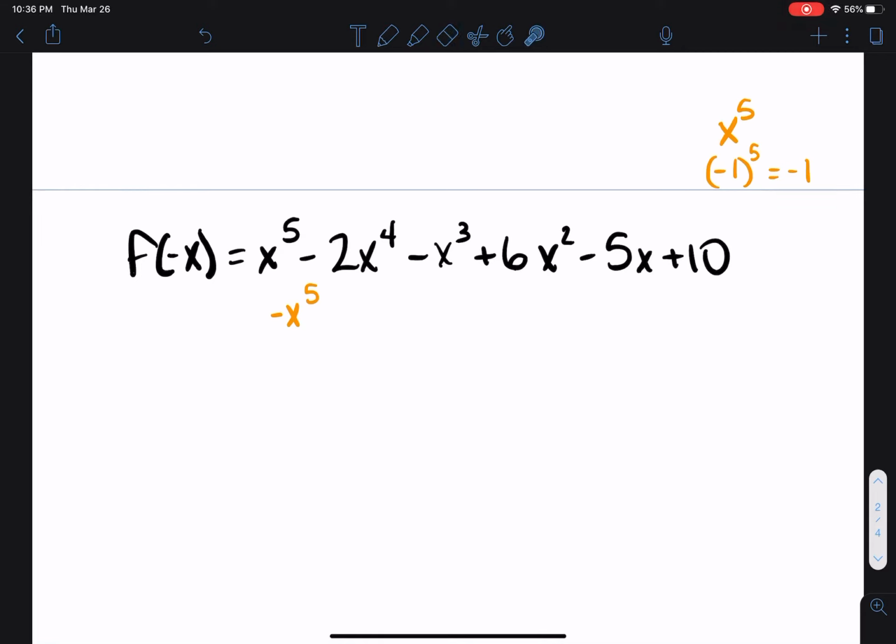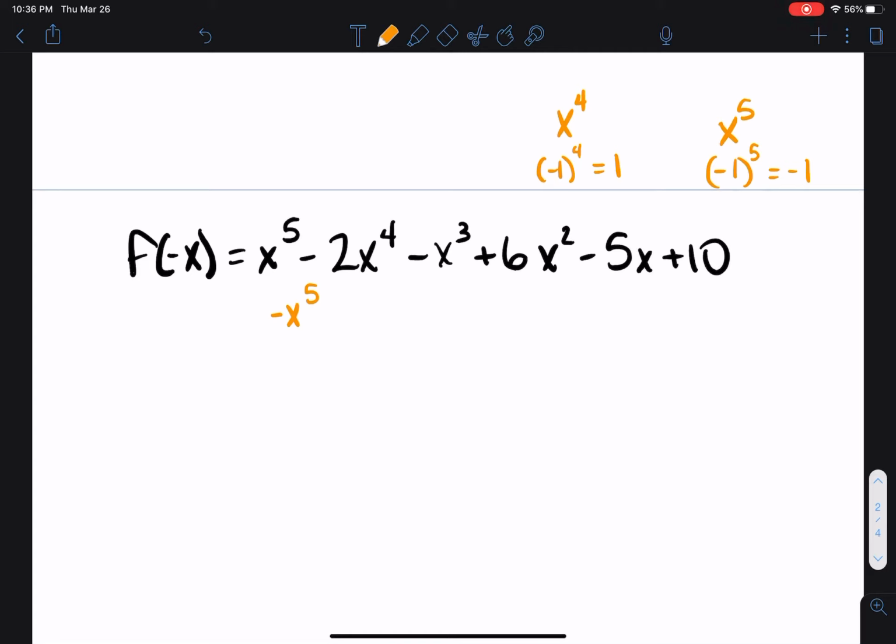Since this is an even exponent, x to the 4th, and we're throwing a negative x in there, let's look at this. If we had x to the 4th, and we were going to substitute that with negative 1 to the 4th, that would be equal to what? It would be equal to a positive 1. So essentially what that means is it's going to change our sign.